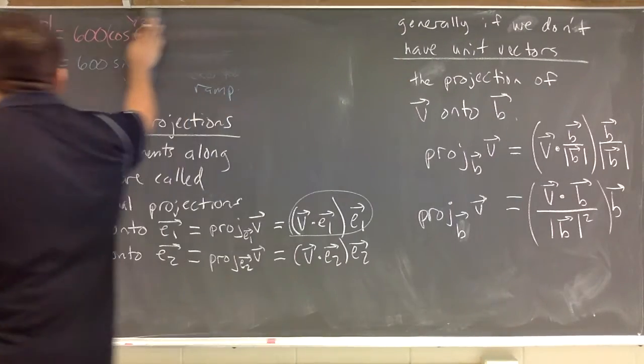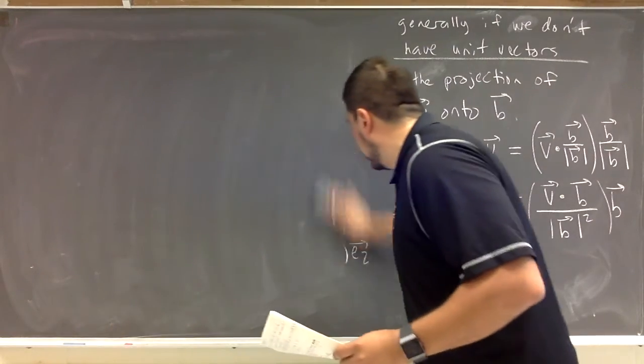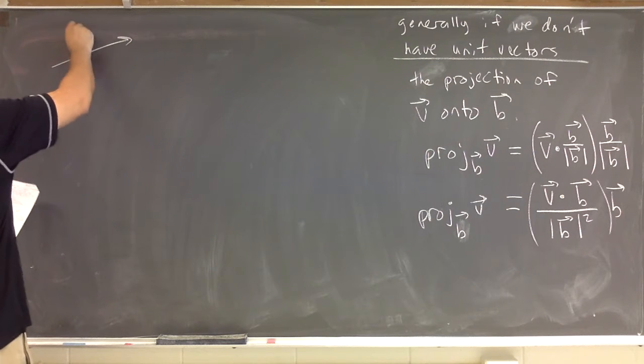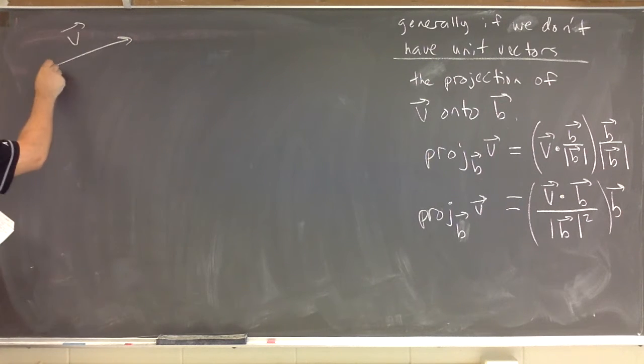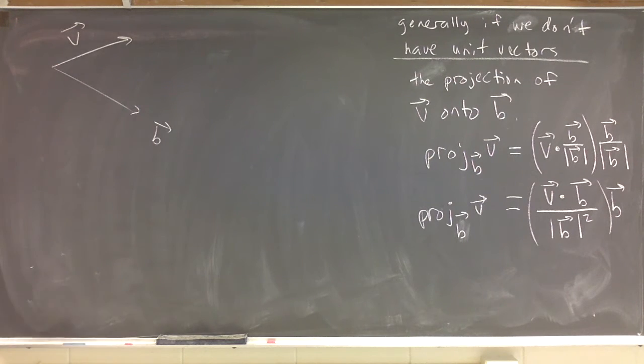Okay, so now what does that look like? Let's draw a picture so we can really see what's going on and what we're calculating. So here's V, and let's say B is over here somewhere. Okay?